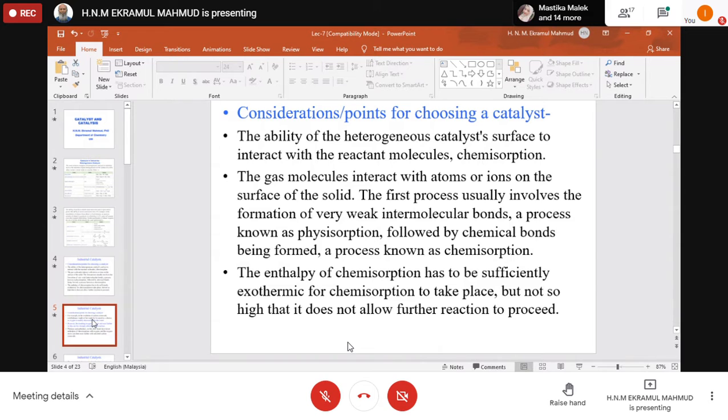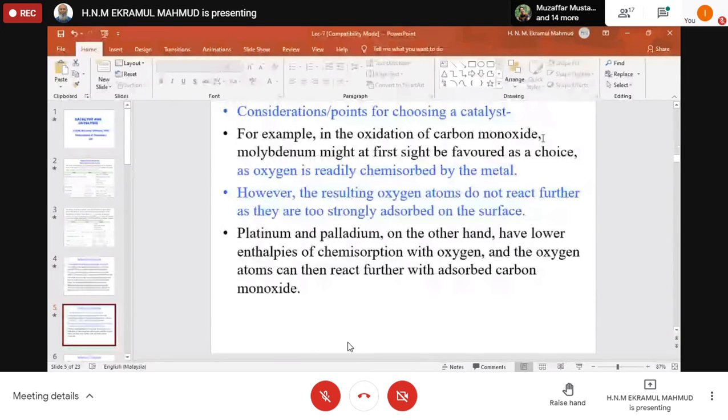For example, oxidation of carbon monoxide. Carbon monoxide will be transformed to carbon dioxide because we are doing oxidation. We are adding oxygen to carbon monoxide to produce carbon dioxide.